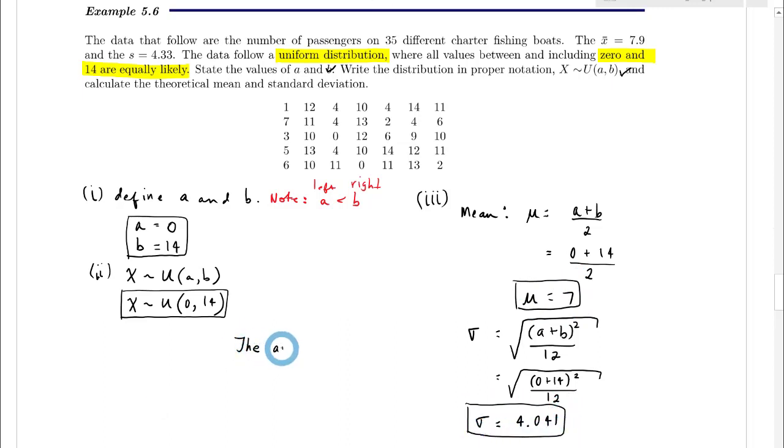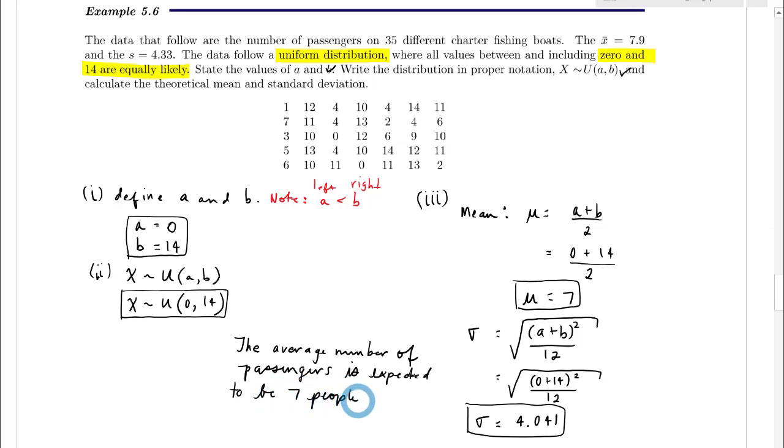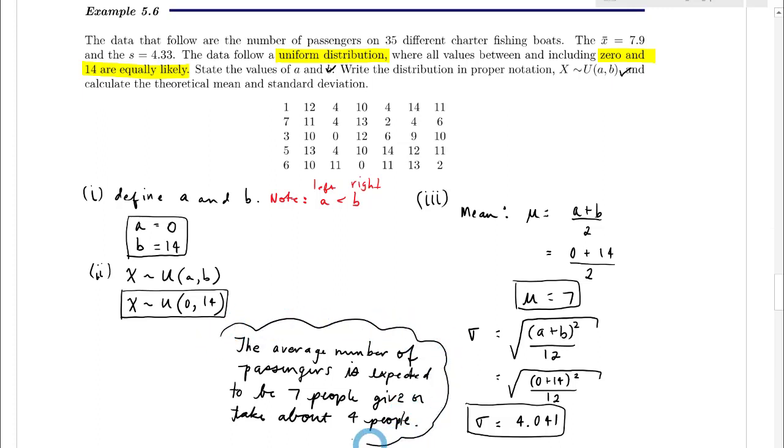I could say the average number of passengers is expected to be 7 people, give or take, about 4 people. Not too bad, right?